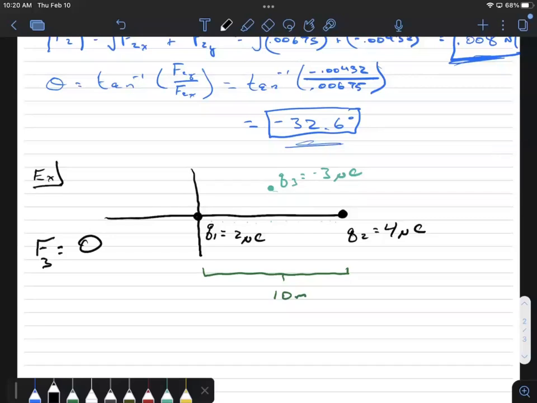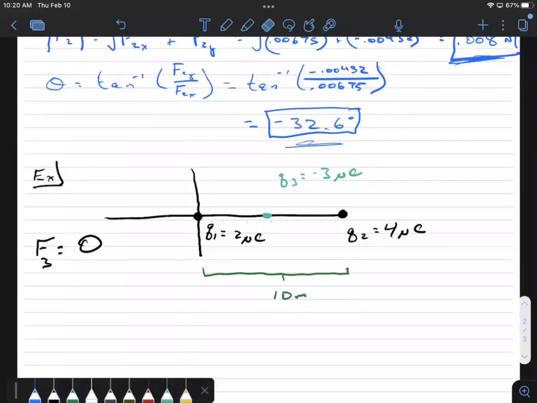Now, I put Q3 up in the air here, but really it's somewhere on the x-axis. Okay, so let me not confuse matters. It's going to be somewhere on the x-axis, not somewhere up above the x-axis. Now, where will it be? Maybe straight in between the two charges, maybe closer to one charge than another. I'm not sure. That's actually the point.